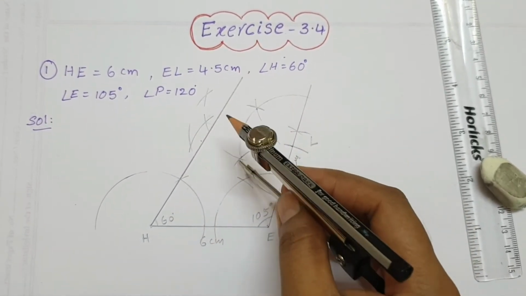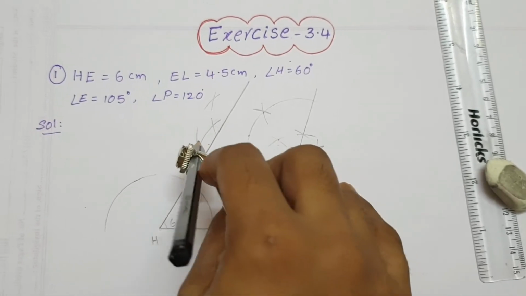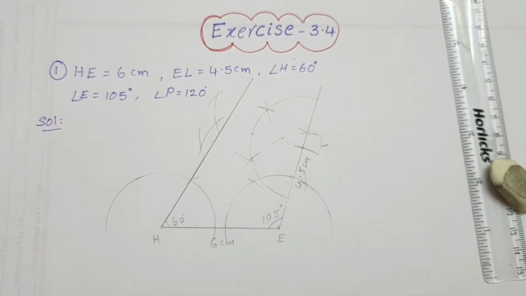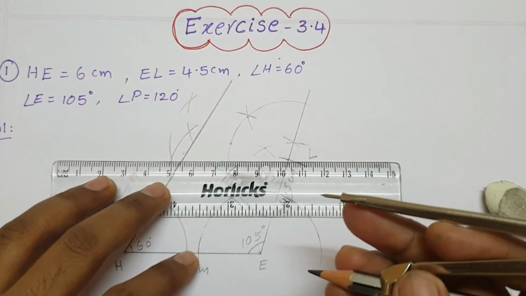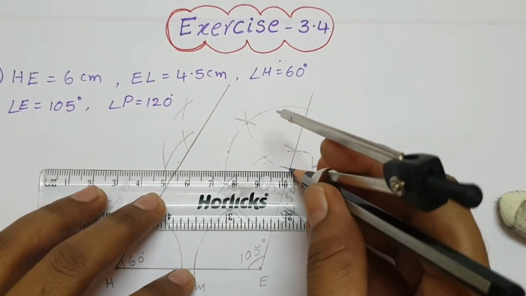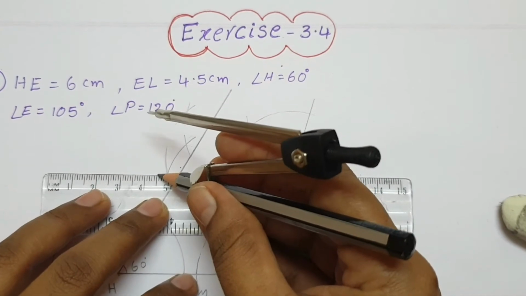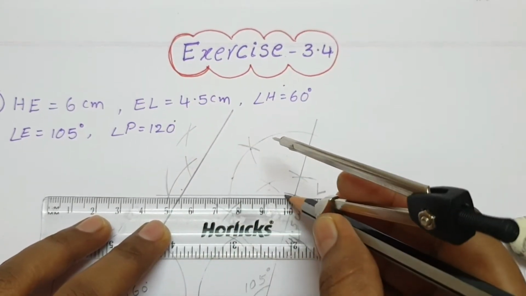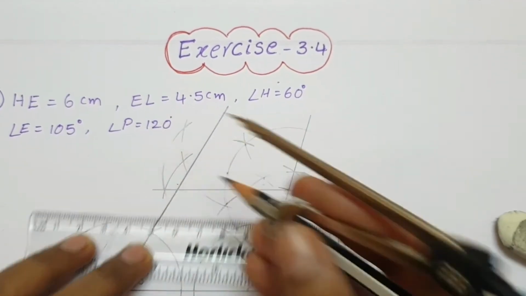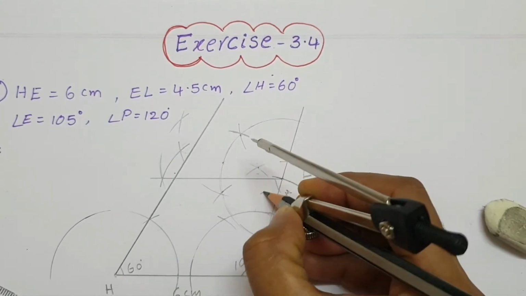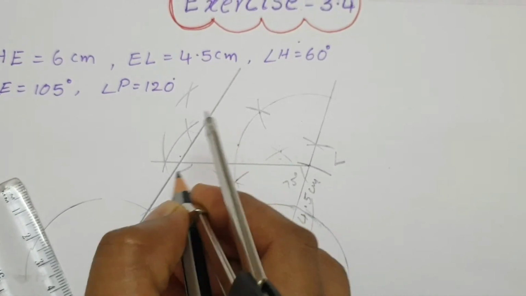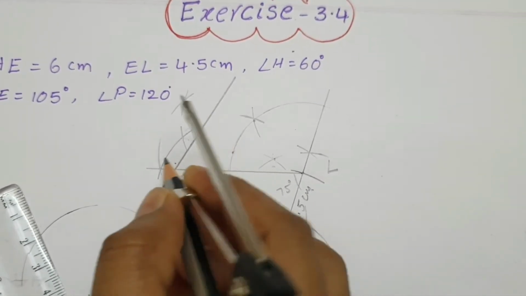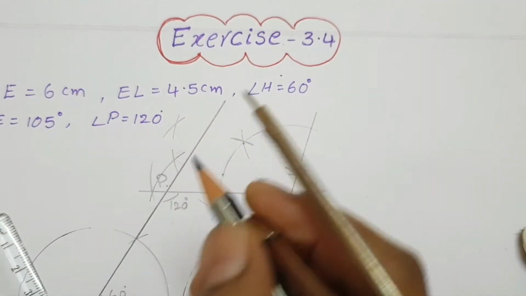Again here 60 to another arc. So this is 75 degrees. Exactly 75 degrees. So then it is 120 degrees. This point is P.